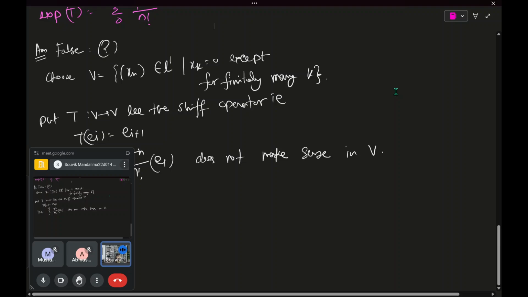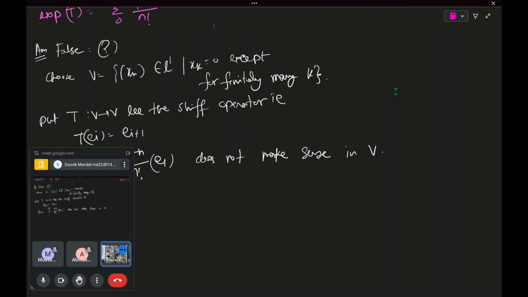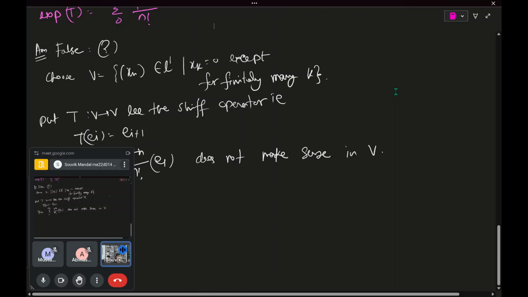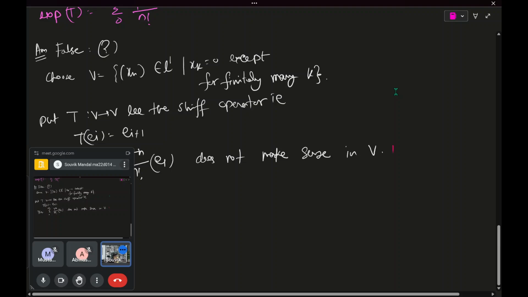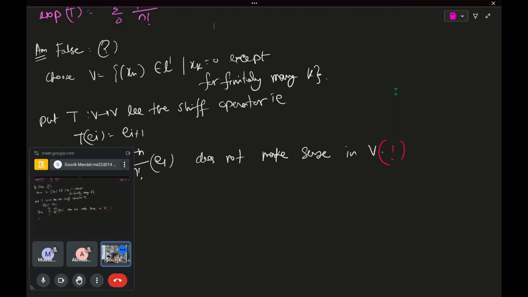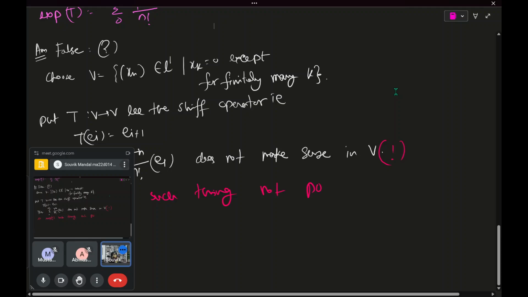Choose V to be the sequences X with Xk equal to 0 for all but finitely many k, then put T from V to V to be the shift operator, T of Ei is E(i+1). Then the summation from 0 to infinity of T to the power n by factorial n does not make sense in V. So the exponential of T is not possible.